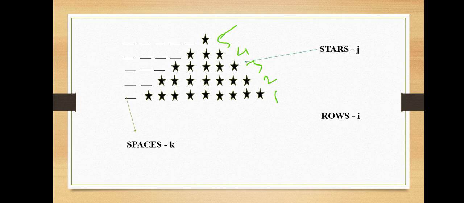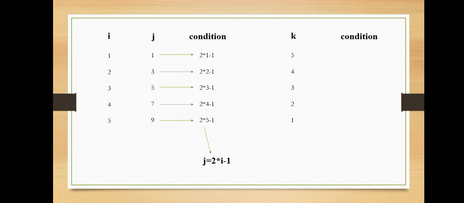Now let's write the condition we need there. Here the k value is in reverse order, not the same as I. Now the condition I am using is 5 minus 1 plus 1.